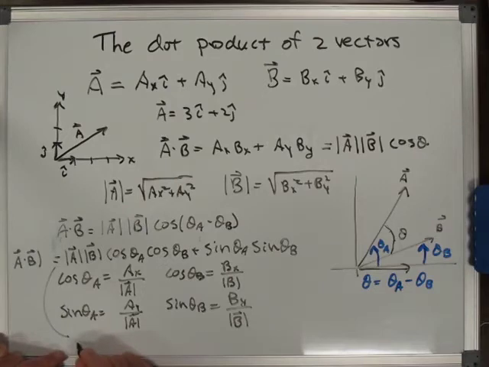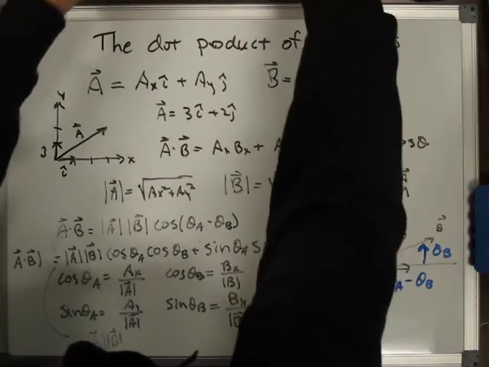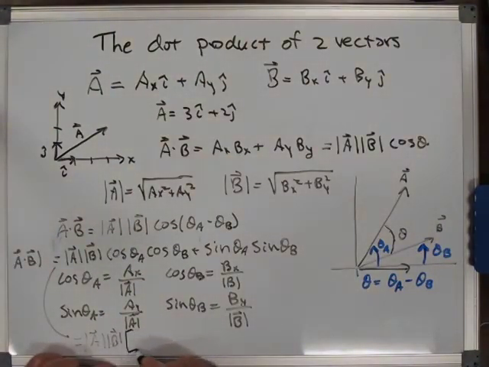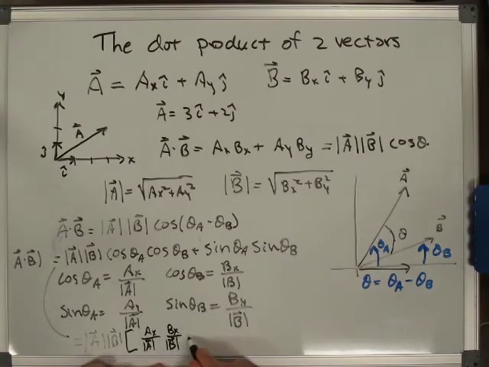You can say, look, that's equal to the magnitude of A times the magnitude of B, times this thing, it's just AX over the magnitude of A times BX over the magnitude of B plus AY over the magnitude of A times BY over the magnitude of B.